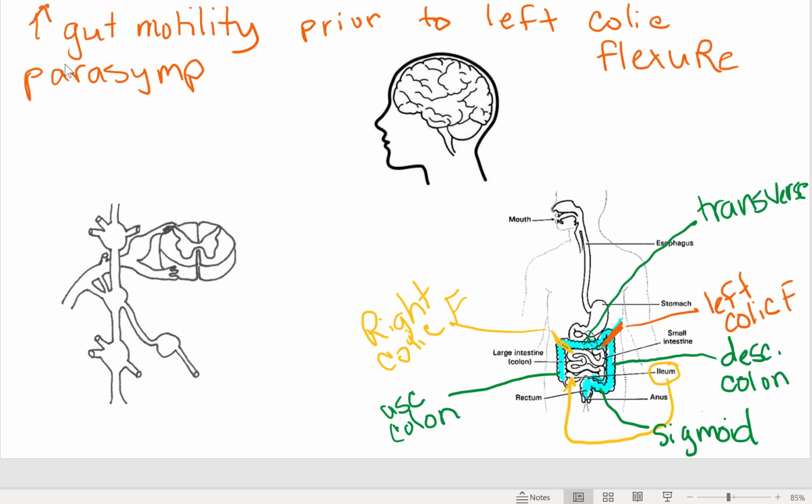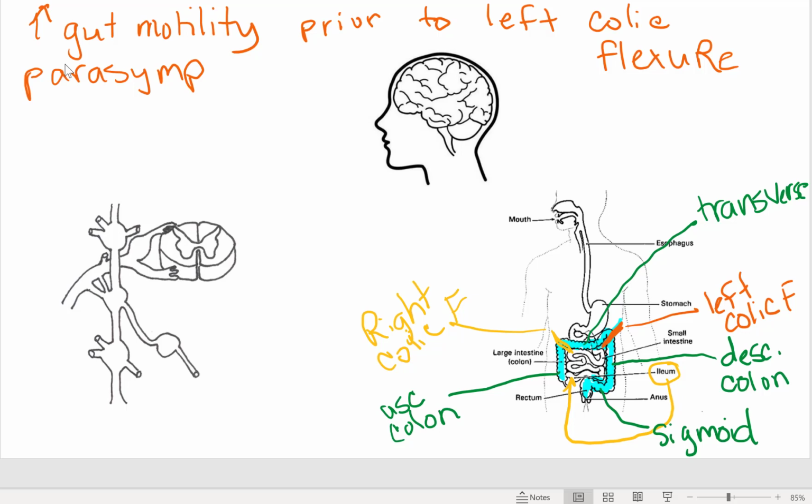Cranial nerve number 10, the vagus nerve, is part of the parasympathetic division. It is the only cranial nerve that descends not only into the thoracic cavity, but also into the abdominal cavity. It is a preganglionic parasympathetic fiber.